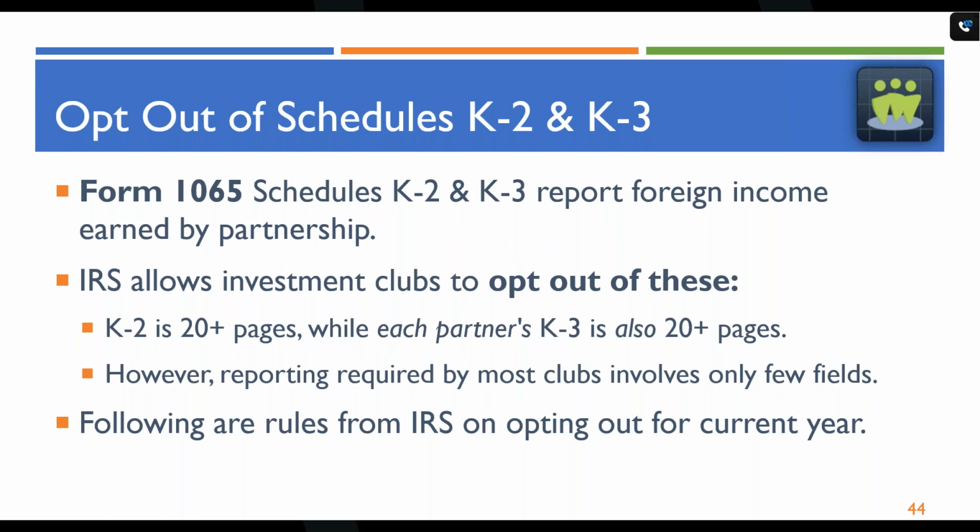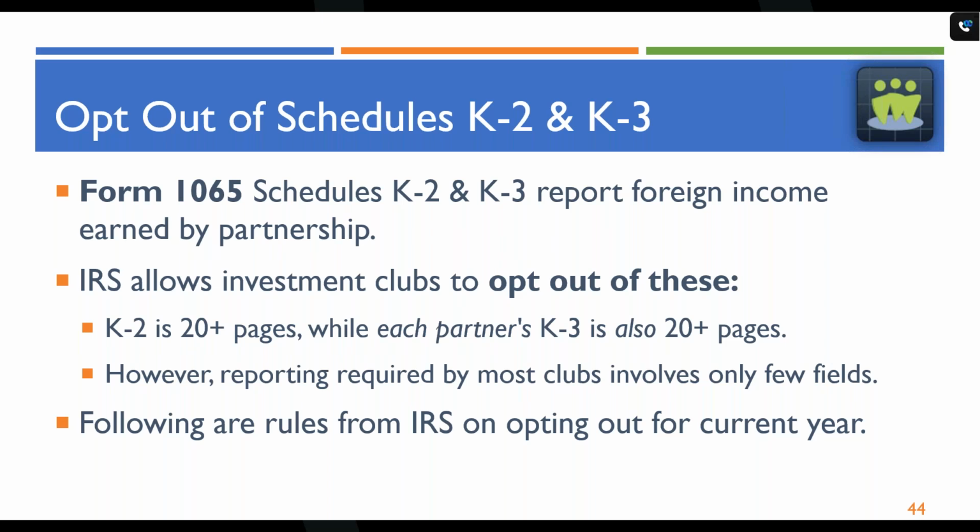So the first year this came out, the exemption criteria were very vague and changed 3 times from the time filing was available to the time of the filing deadline. As a result, a lot of clubs just didn't try to opt out, and they had total tax returns in the hundreds of pages.